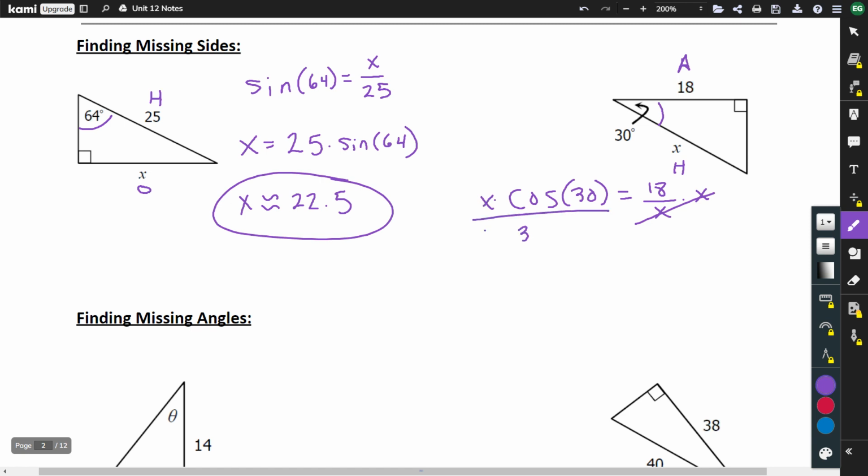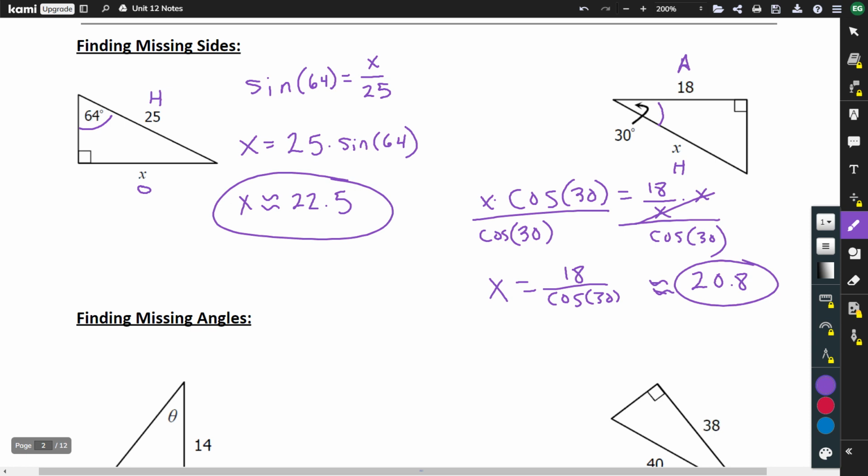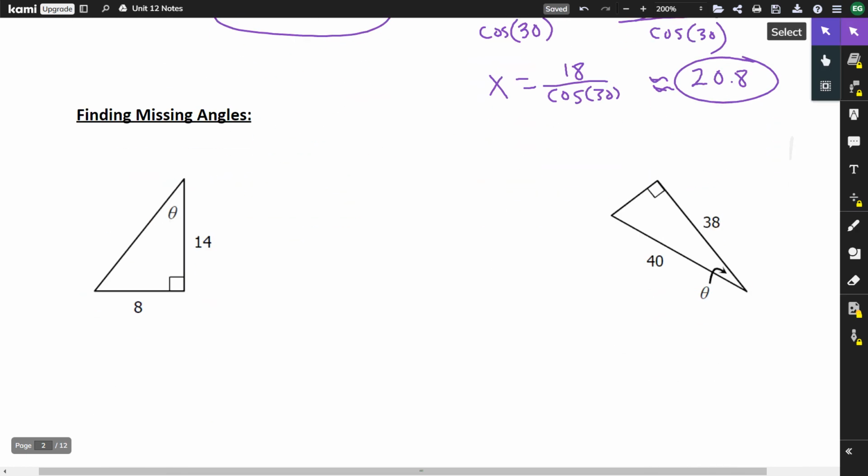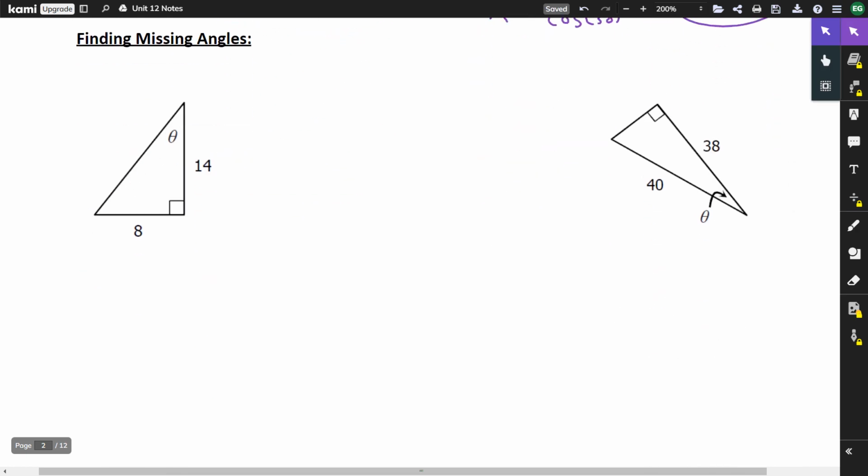Then to get x by itself, we're going to divide by cosine of 30 on each side. So we end up with this calculation, 18 over cosine 30. Right, and if we plug that in, we're going to get, again rounding a little bit here, about 20.8.